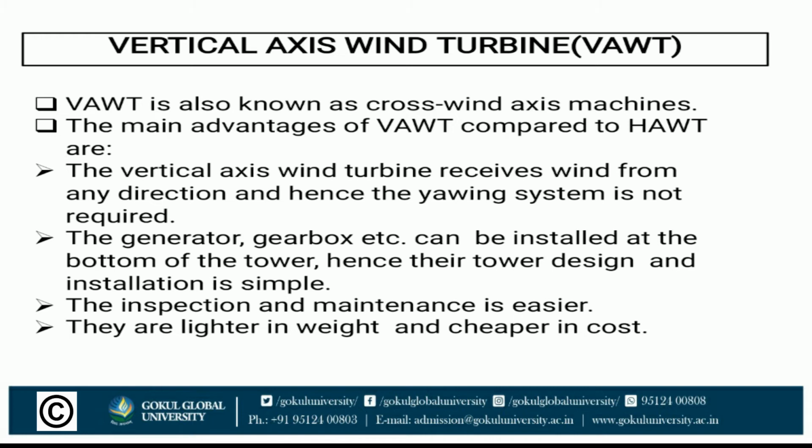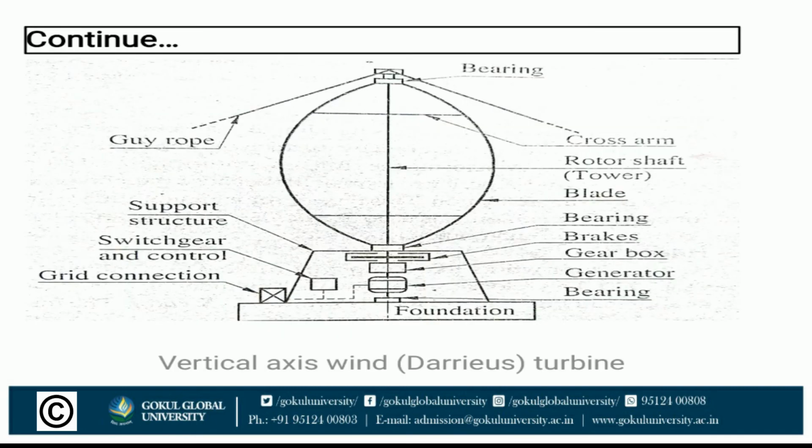Second one, the generator, the gearbox, etc. can be installed at the bottom of the tower. Hence, the tower design and installation is simple. Next one, the inspection and maintenance is easier. Last one, they are lighter in weight and cheaper in cost.